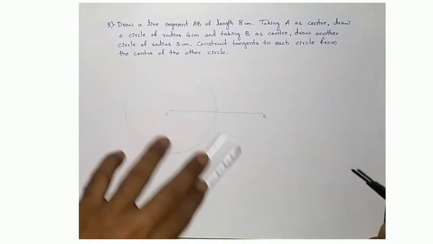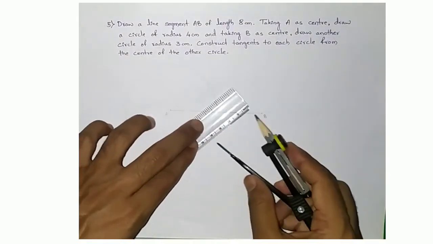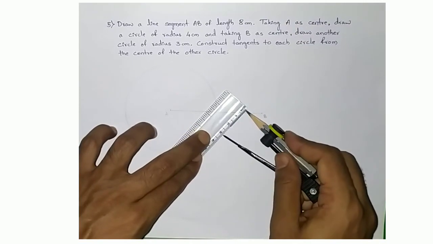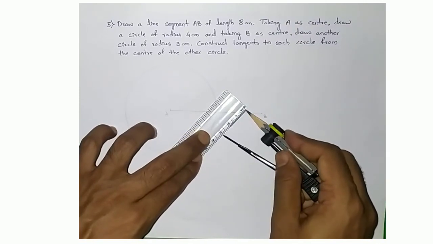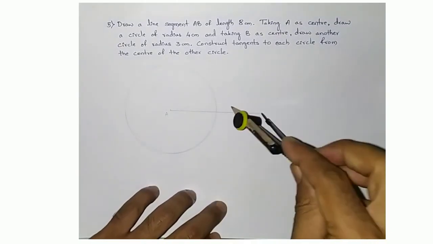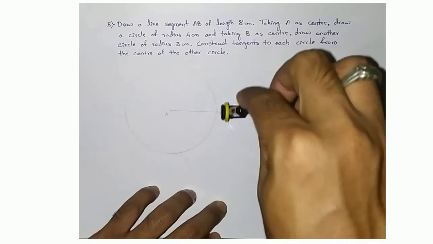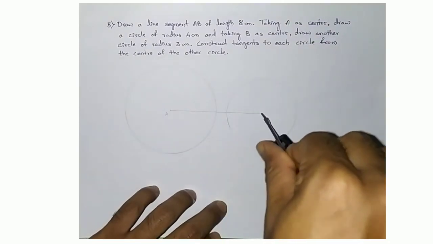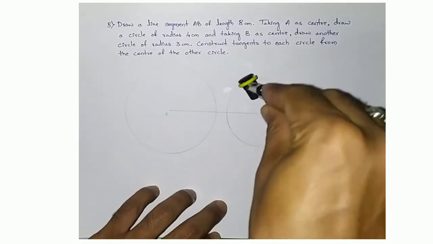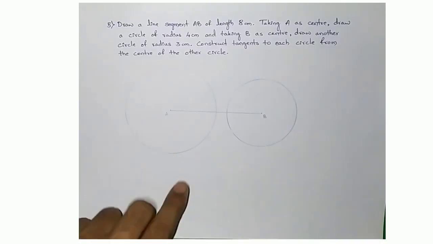Okay, now taking B as center, take 3 cm radius and draw a circle. Now we got the two circles.